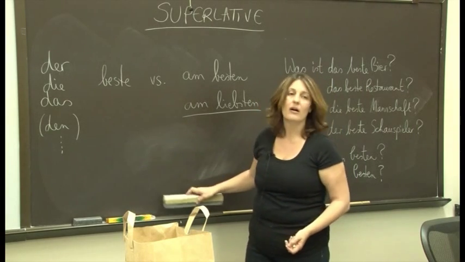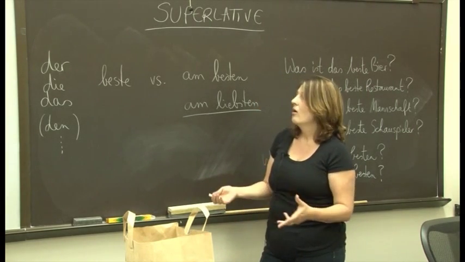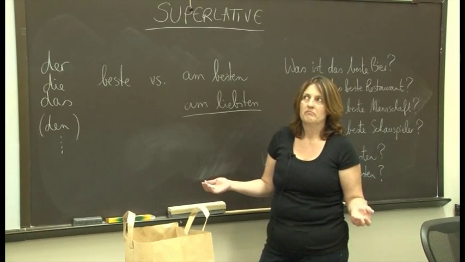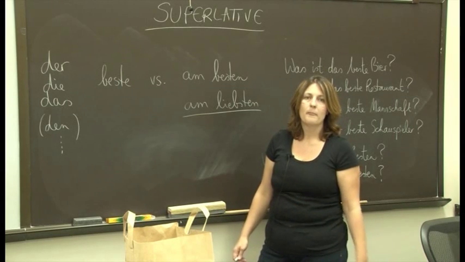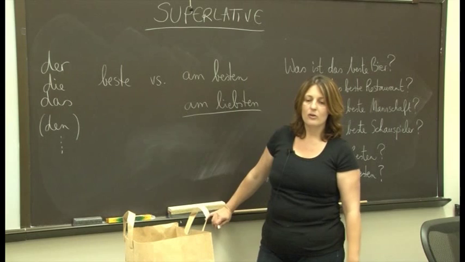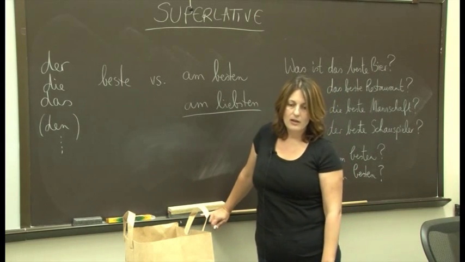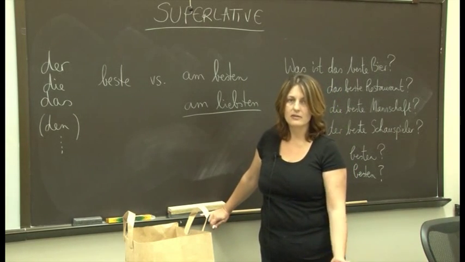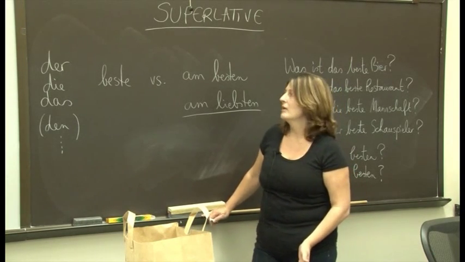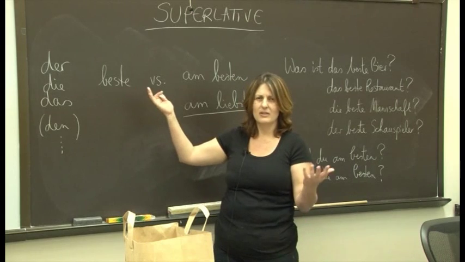Another one would be oft, yeah? Oft, ich gehe oft ins Restaurant, ja? Öfter, more often, ich gehe öfter ins Café als ins Restaurant. And then of course this is an adverb only, so we never have der öfteste, what is that?